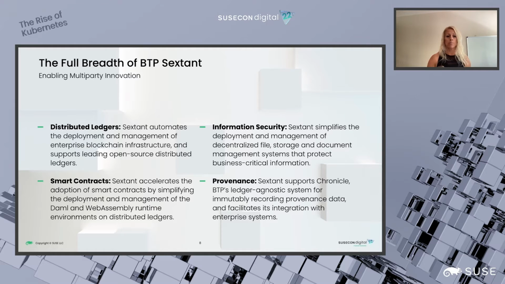We also provide a runtime environment for smart contracts, which you can use to develop specific applications. And Sextant also supports a ledger agnostic provenance system that is ours. It's called Chronicle.